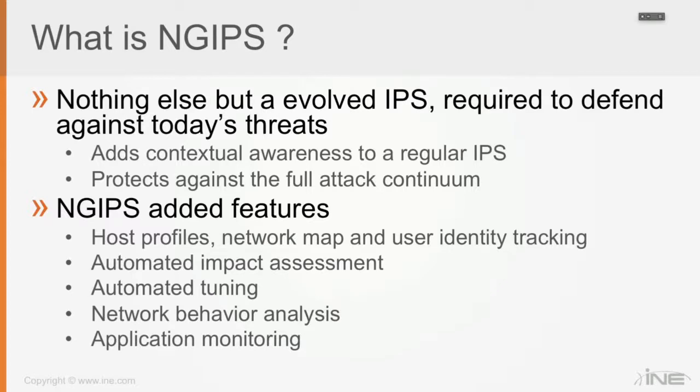You want automated impact assessment, so the IPS automatically does an assessment of the impact of that traffic. Automated tuning, so you would want the IPS to do a lot of learning by itself. Network behavior analysis, so it does network analysis as well.